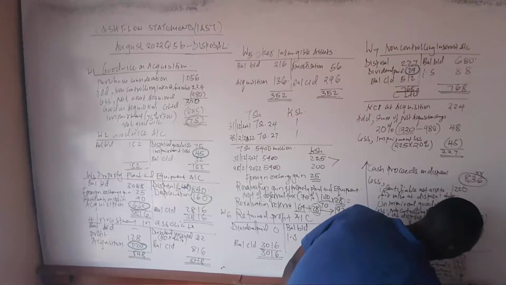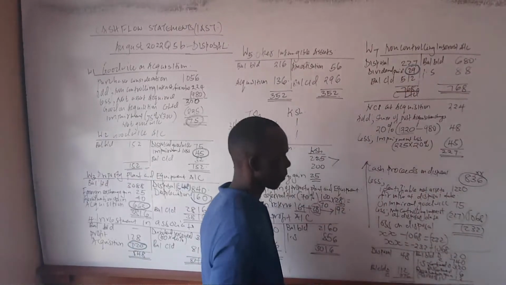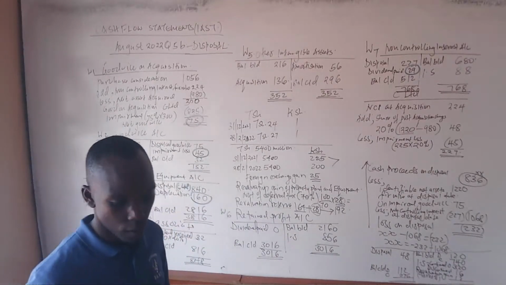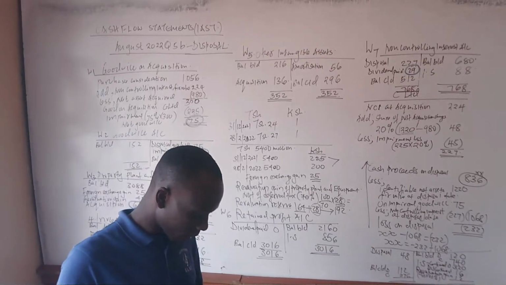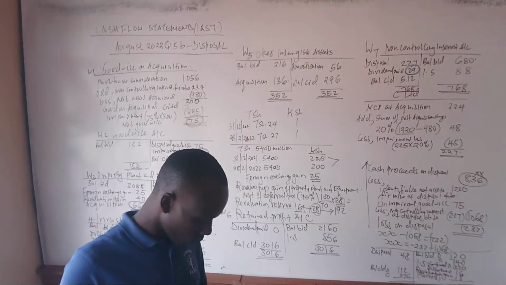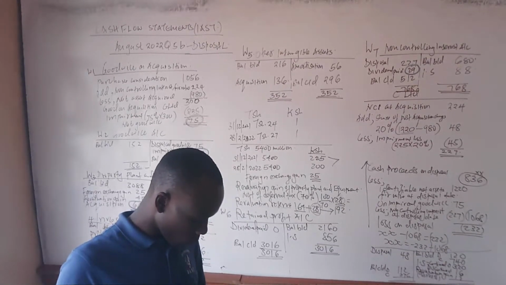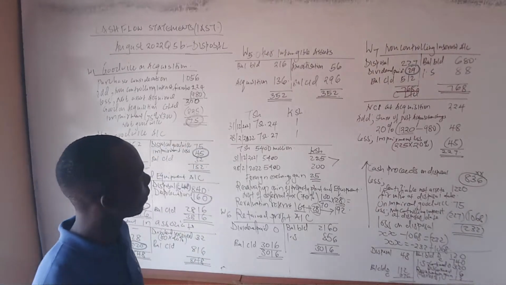So therefore, how much are we getting now? Add so that we can balance. We want to see whether there was any tax which was paid. Was there any tax which was paid?